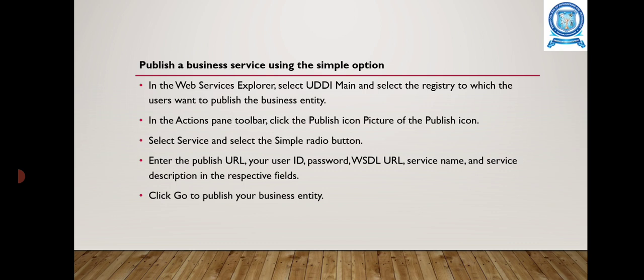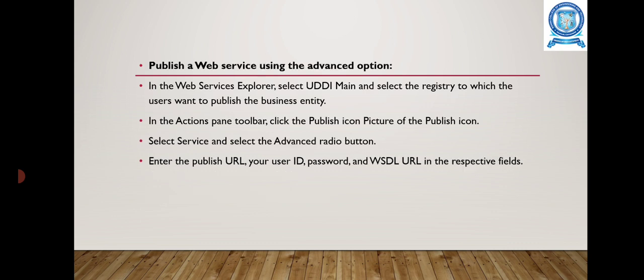Select service and select the simple radio button. Then enter the publish URL, your user ID, password, WSDL URL, service name and service description in the respective fields. Click Go to publish your business entity.